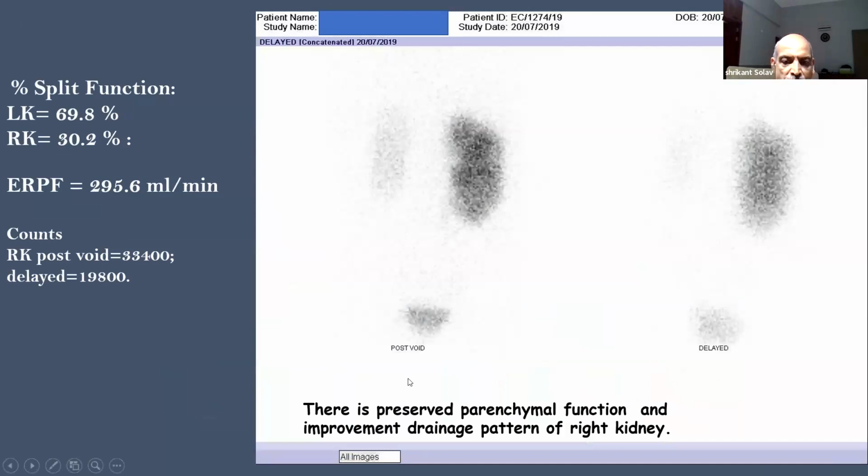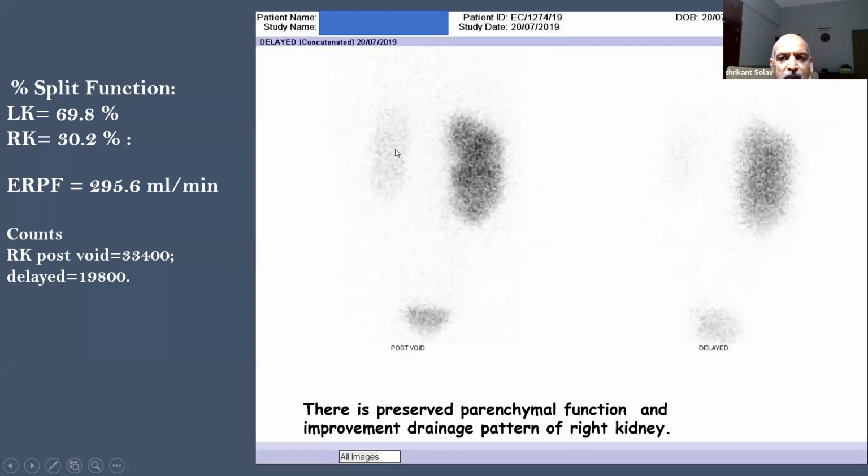So if you look at this, there's preserved parenchymal function in this case, and improvement in drainage pattern, because the counts have fallen from 33,000 to 19,000 between post-void and upright delayed images. So when you take a delayed upright image, the gravity-assisted drainage shows you a falling of isotope counts. It means that it's a successful surgery.